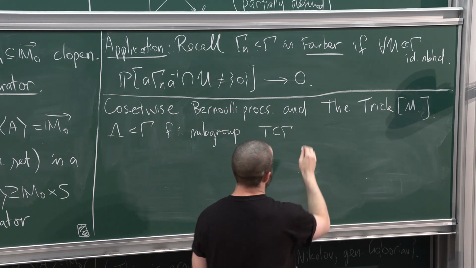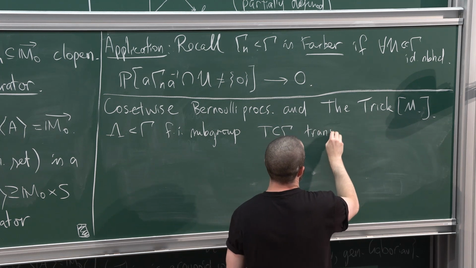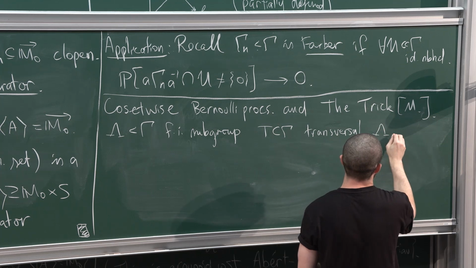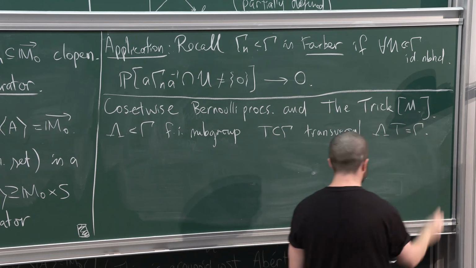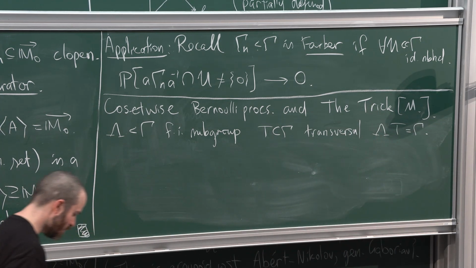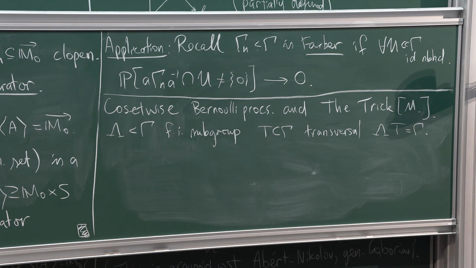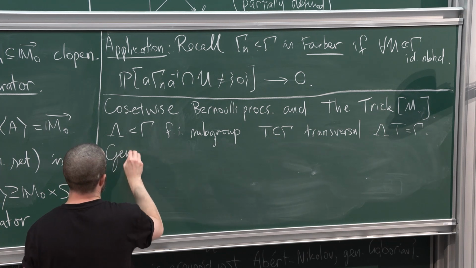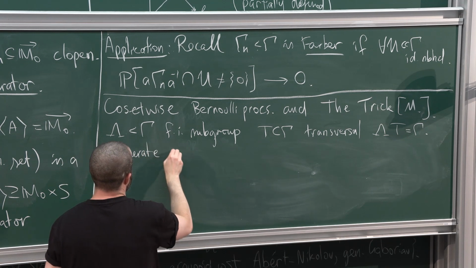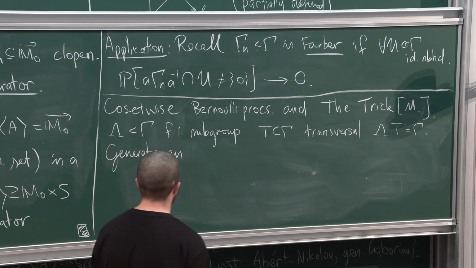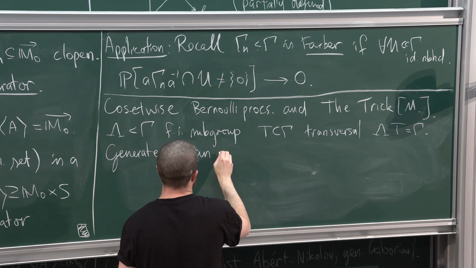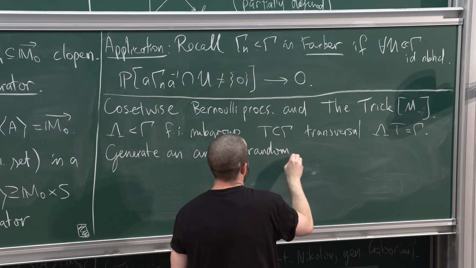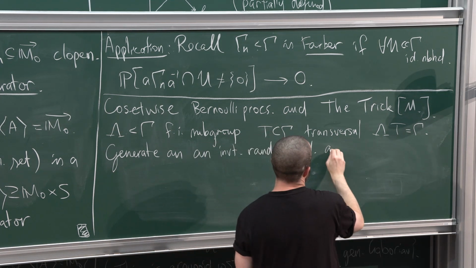The condition that I want is that when you multiply it on the right, you get the entire group. Okay, so I want you to generate an invariant random coloring as follows.